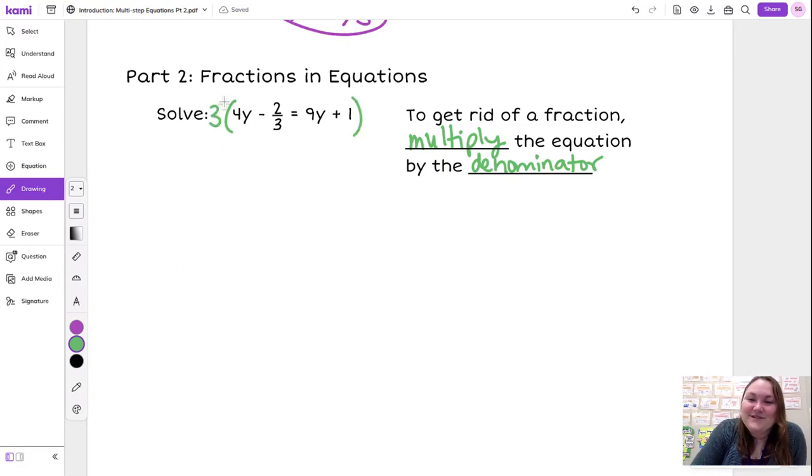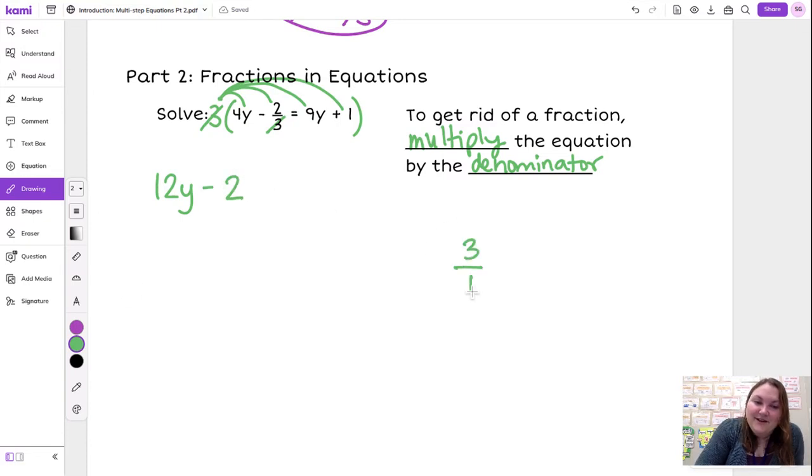And we want to distribute or multiply the 3 with every part of the equation. So when we do that, 3 times 4y, that gives me 12y. 3 times 2/3, remember we're doing that to cancel out the 3. So I'm multiplying that so that those 3's cancel out for that multiplication problem, and I only have minus 2.